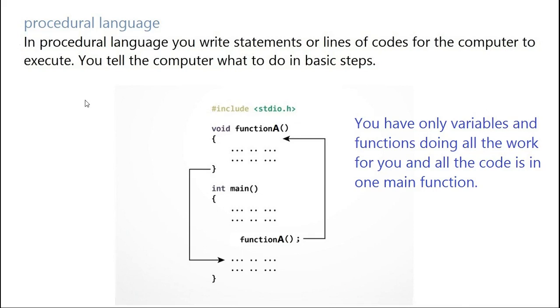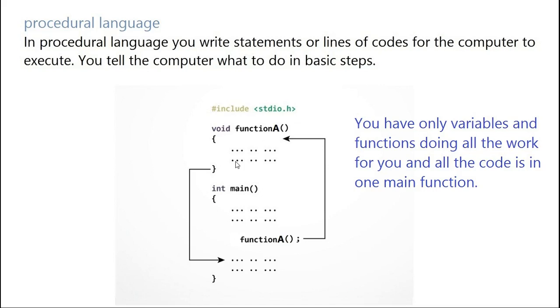The execution of a C program begins from the function main. You have lines of codes in this main function. The compiler starts executing these lines one by one. And for example, one line of code calls a function A. Then compiler jumps to that function A and starts executing lines from that function.